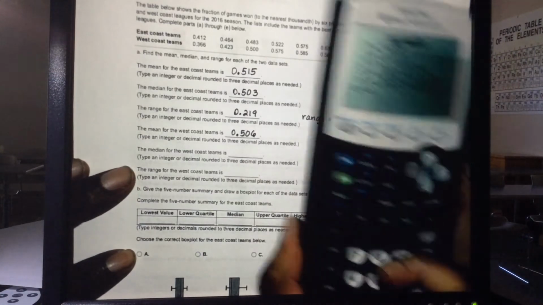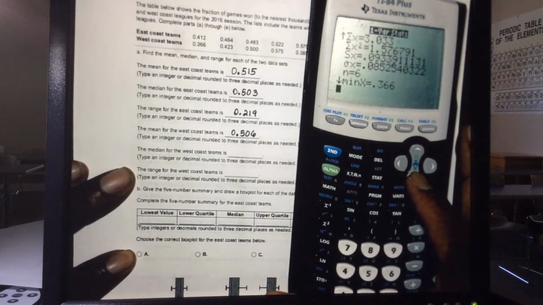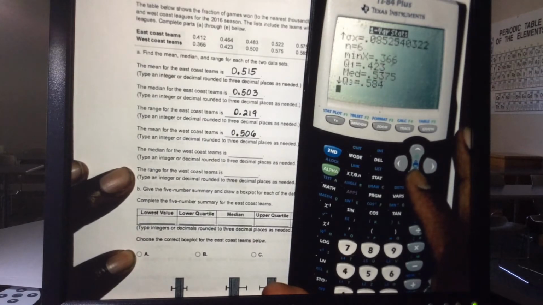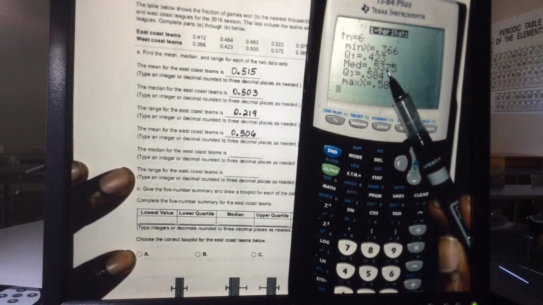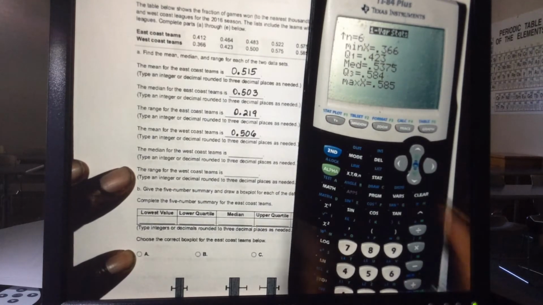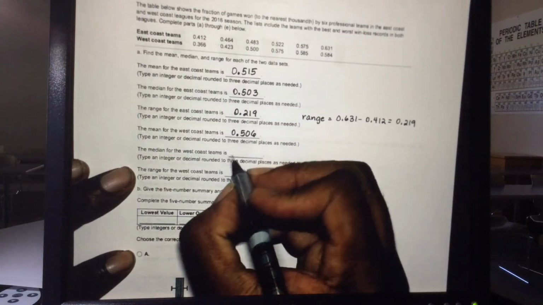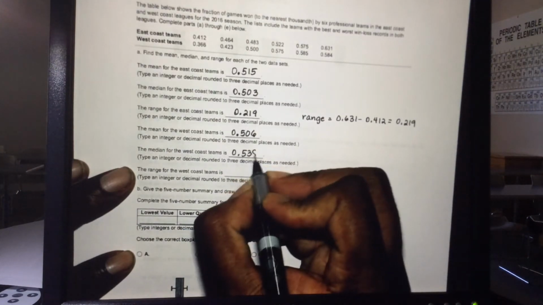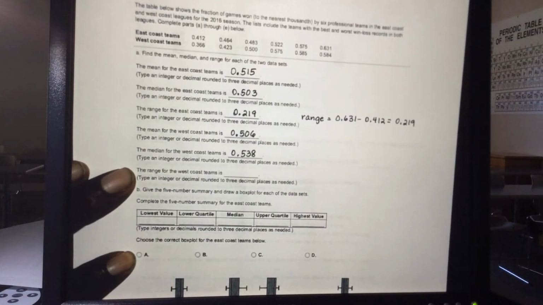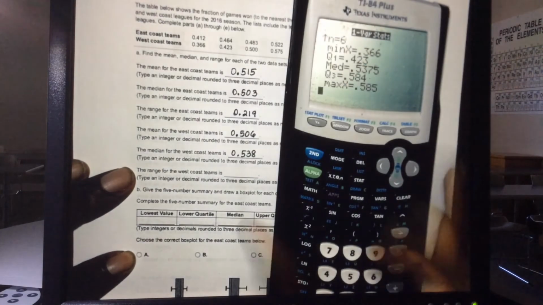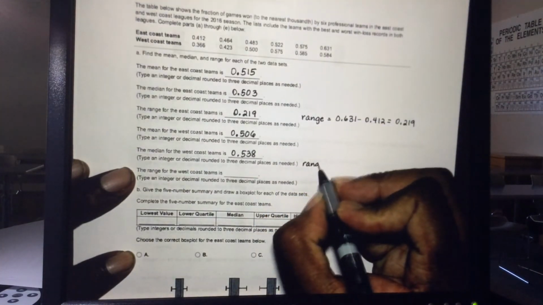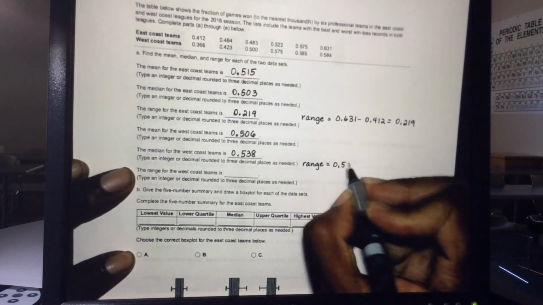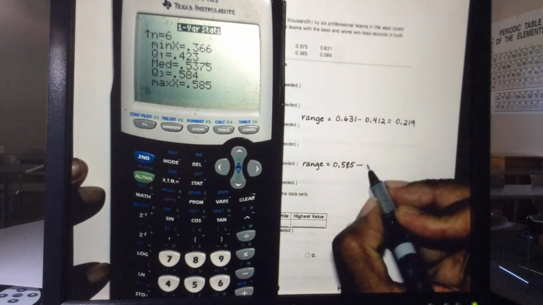Now for the median, if I use my down arrow key to go to locate what's in here, that's actually my 5-number summary. Here the median is 0.538 if we round it to 3 decimal places. And the range, let's take the maximum, which was 0.585, minus the minimum, which was 0.366.